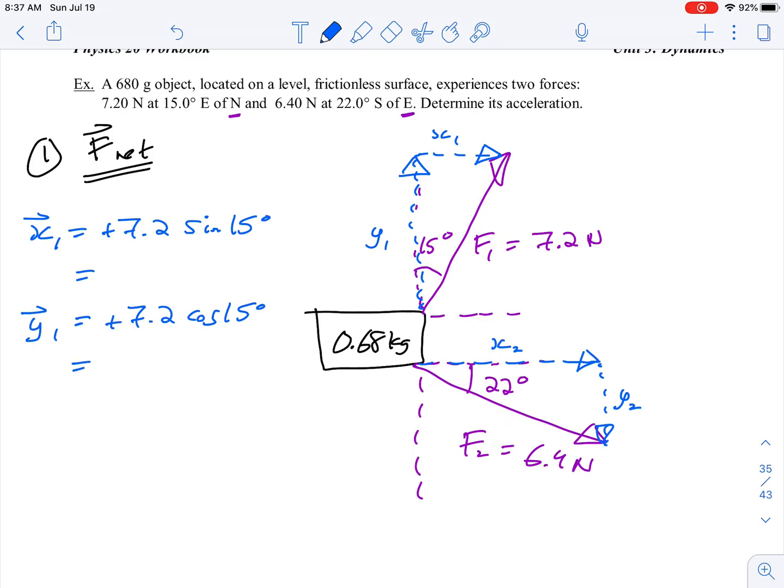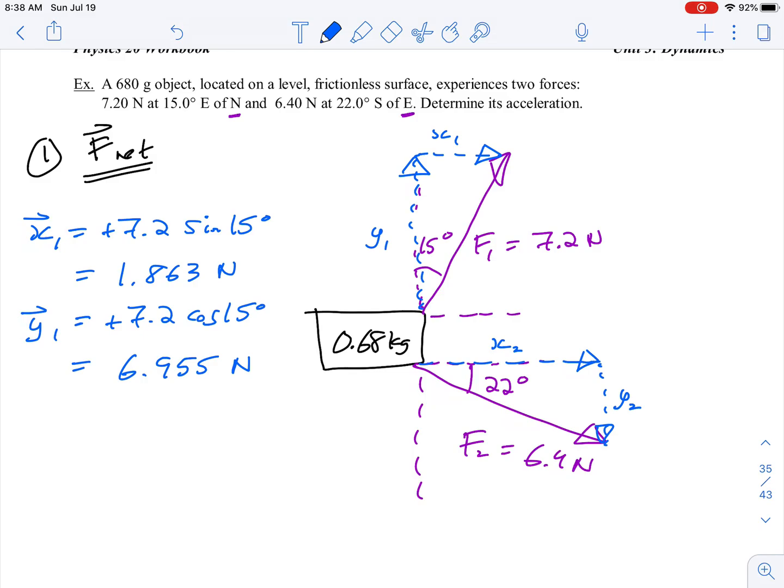Let's do those first. Make sure you're in degree mode. So the first one's 1.863. Second one's 6.955.